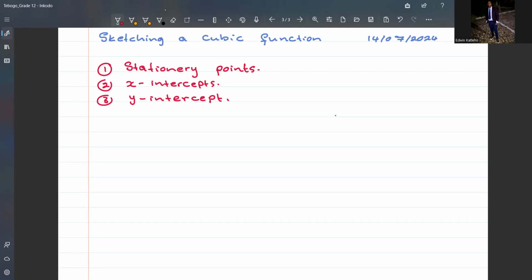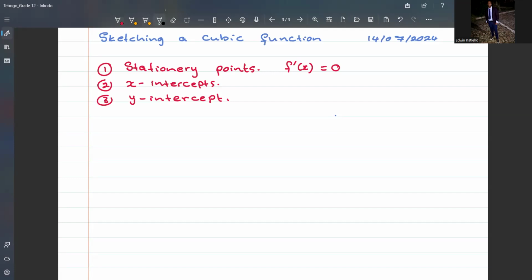Your stationary points, you must remember that we find stationary points by deriving the equation, and when we derive the function, the derivative for stationary points must equal zero, so that you can find the two x coordinates of the stationary points, and then you use those x coordinates to determine their y coordinates.